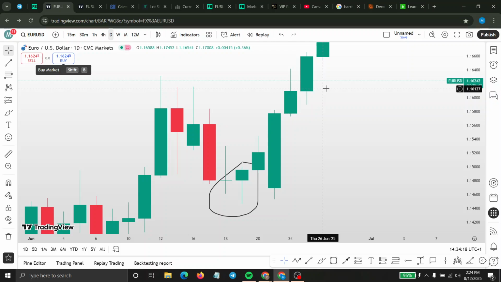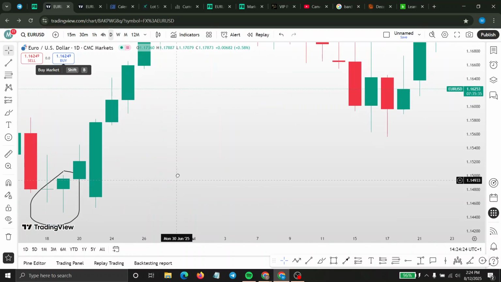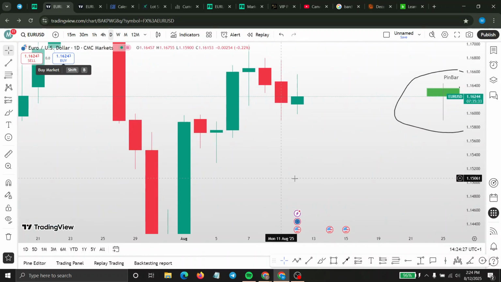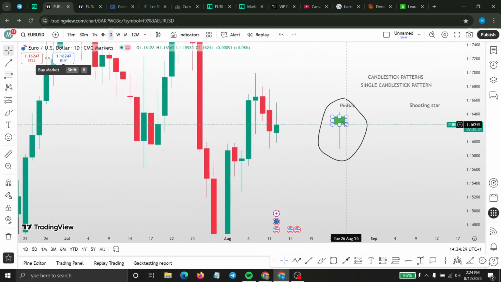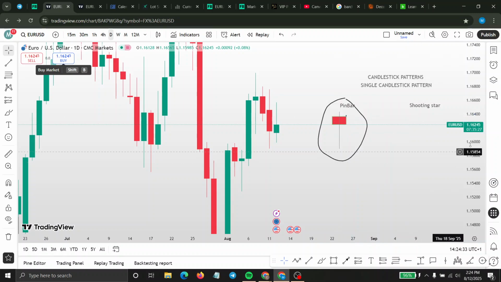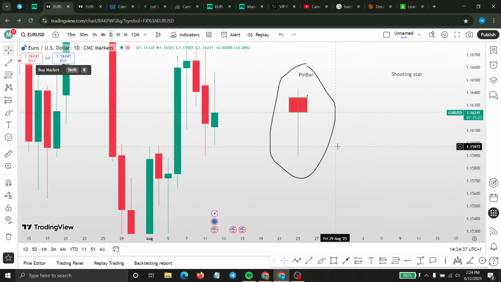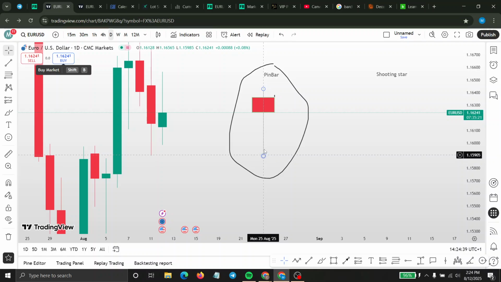Are you with me? Yes, sir. And mind you, sometimes this bullish candle might be red. In this case, the color doesn't matter. What matters is that the buyers are giving us rejection.